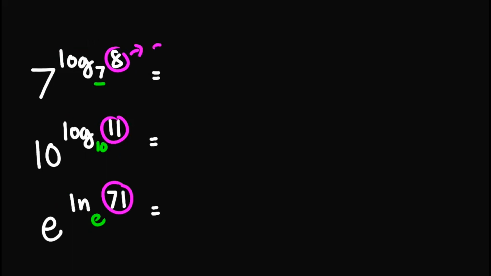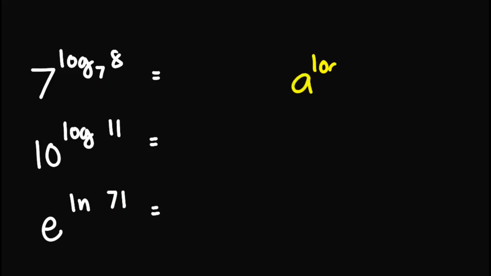Since for 8, we can write this as 2 cubed, but 2 and 7 does not match. So it's not really that easy, but fortunately, we have a property that says a raised to the logarithm of n with respect to base a is simply the exponent out here, which is n.